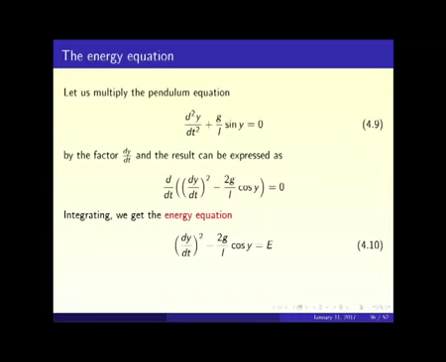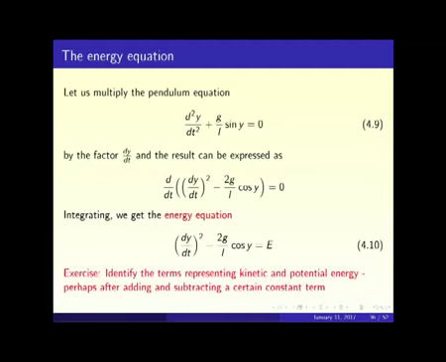So integrate this and you get (dy by dt) the whole squared minus 2g by L cosine y equals E. Again I use the letter E for the constant of integration. There is an obvious reason for it. Identify the terms in 4.10 that represent the kinetic energy and the potential energy. The first term, (dy by dt) squared, is somehow related to the kinetic energy and the second term is somehow related to potential energy.